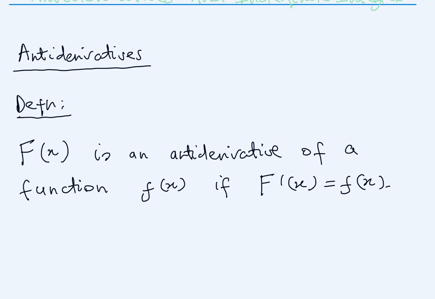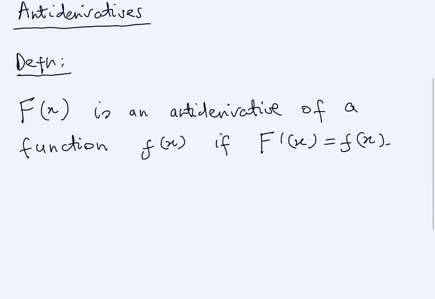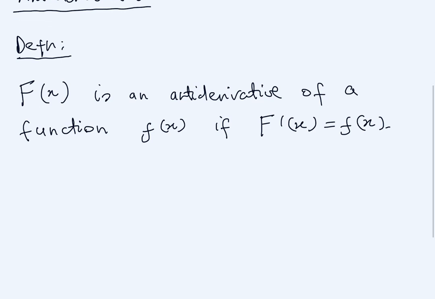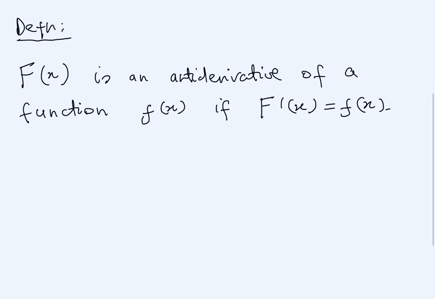So that's basically what defines an antiderivative. If the derivative of big F of x is equal to small f of x, then big F of x is an antiderivative of small f of x.